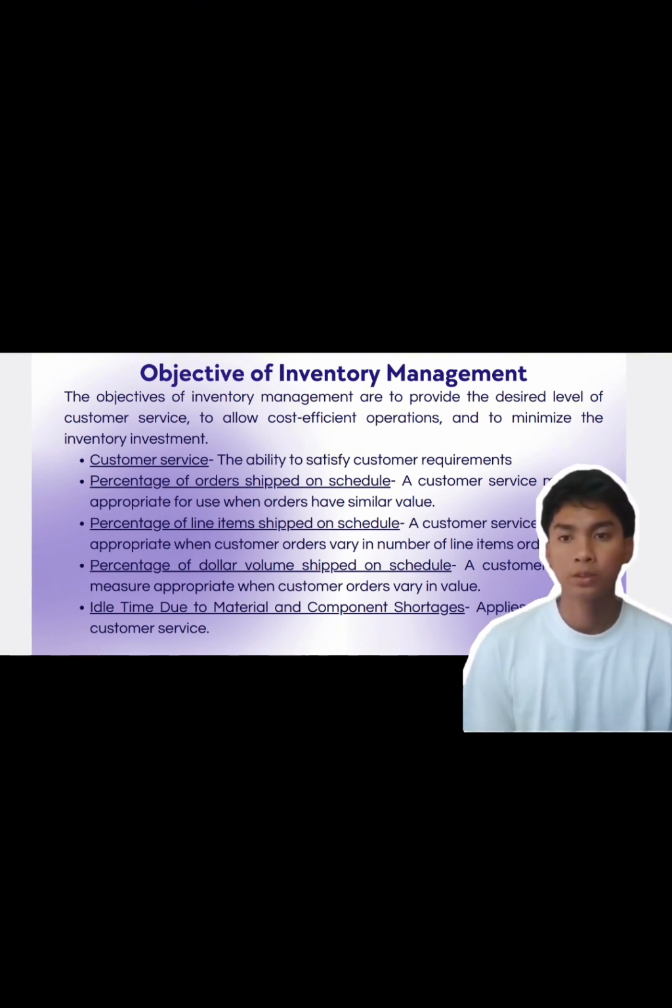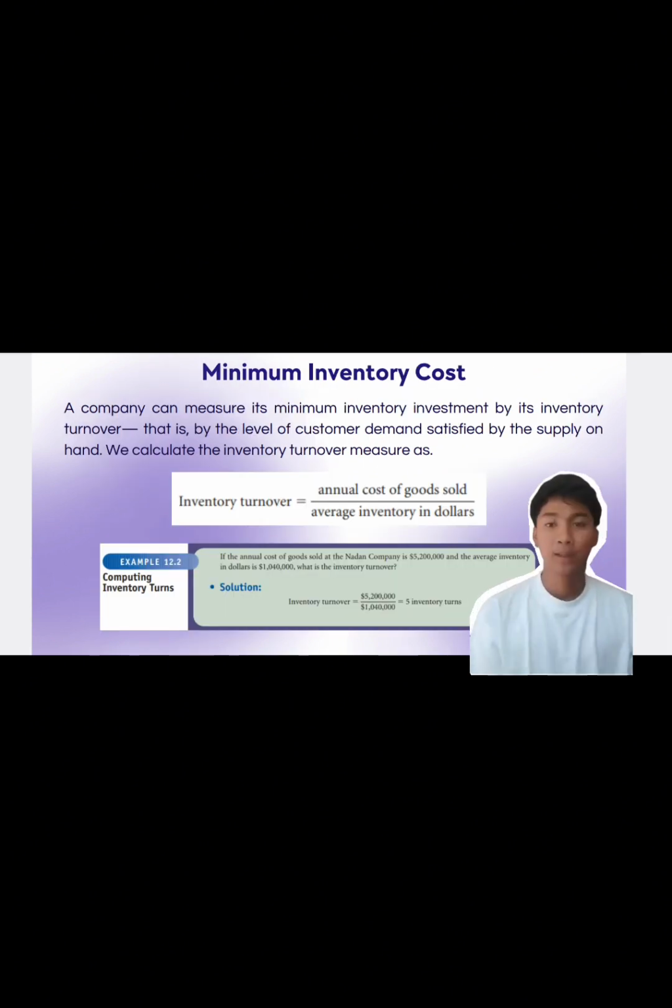Percentage of dollar value shipped on schedule. A customer service measure appropriate when customer orders vary in value. Idle time due to material and component shortage applies to internal customer service. Minimum inventory cost.